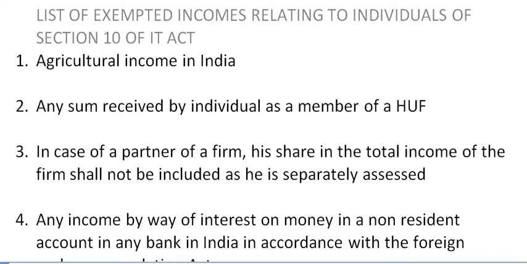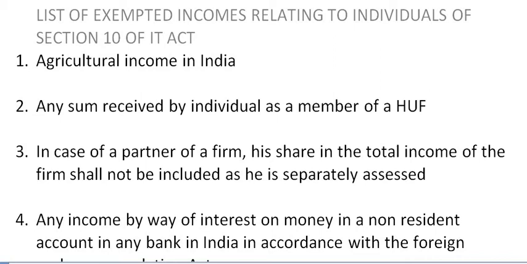So the first point, agricultural income earned in India, is exempted from tax, whereas agricultural income earned in a foreign country is taxable under foreign incomes, that is only to ordinarily resident, that is only to the first amount column.